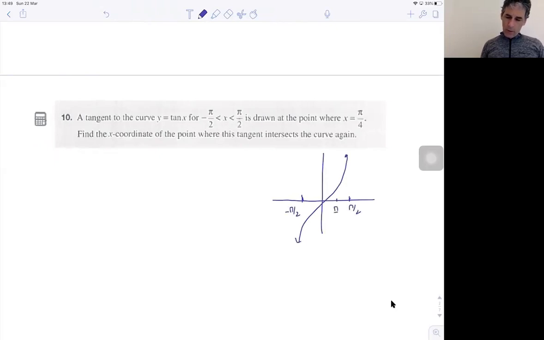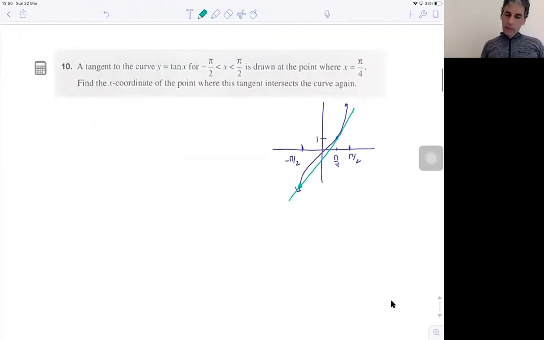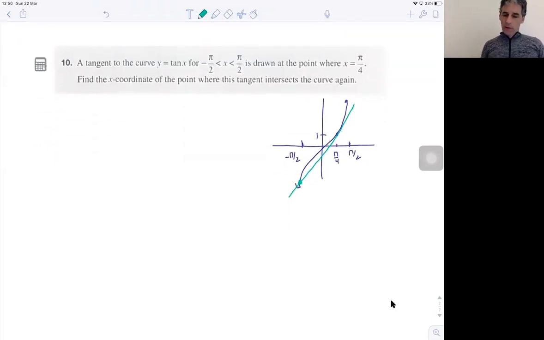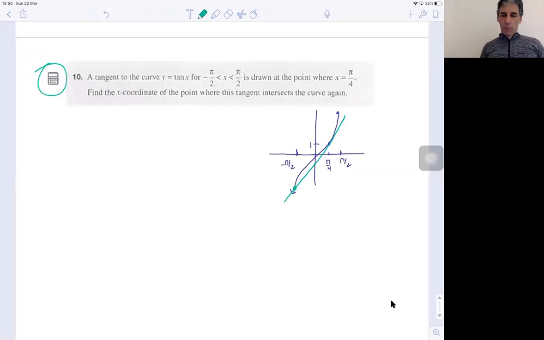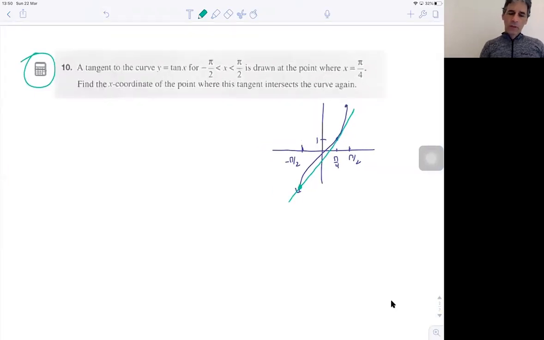Halfway at pi over 4, the tan of pi over 4 is 1. So there's some tangent line here. And apparently, well, it doesn't look like it by my graph, but apparently it's going to intersect the curve at another point. It has to be down over here someplace. So maybe this minus pi over 2 needed to be a little bit shifted over, but we'll see in a sec. As you see, it's a graph and calculator question, so we can always find that intersection point using the GDC, and we will, because it's probably going to save us some time.